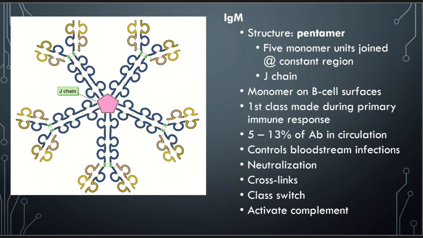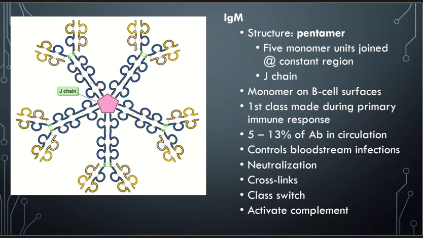The mom can pass on IgG antibodies to the fetus, and because they're so long lasting, those maternal antibodies will protect the baby after birth, even for months after the baby's born. But after that, IgM will be the first antibody class that the baby will start to make.